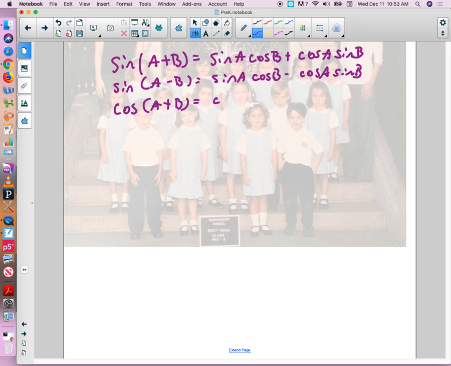It's the weird one. Do you notice in your homework maybe a little bit frustrating when you're doing cosine A plus B, what did you encounter in your equation? A minus. Did y'all notice that? Okay. Cosine A plus B is cosine A, cosine B, minus sine A, sine B.